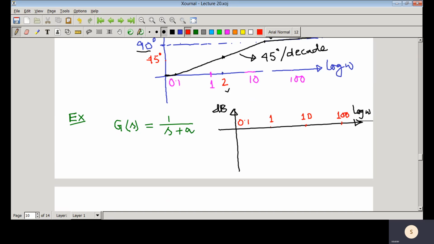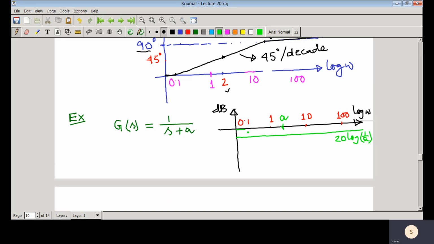So if a is the corner frequency, suppose this is a, we have seen that there would be one gain, and this gain would be 20 log of 1 by a, that is minus 20 log a, that would be the constant gain.